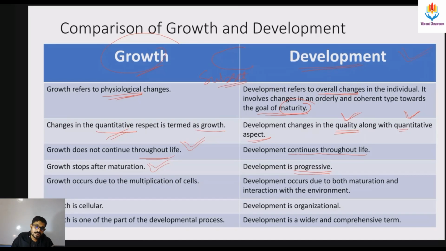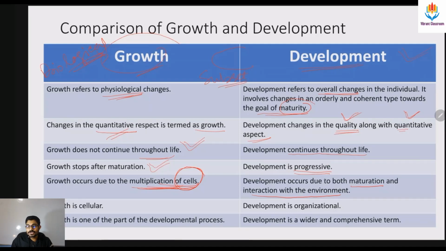Growth occurs due to the multiplication of cells, as growth is a biological process. But development occurs due to both maturation and interaction with the environment.